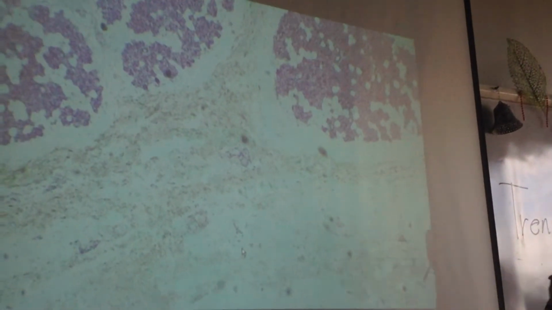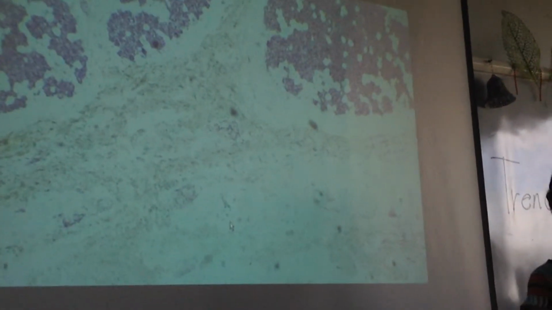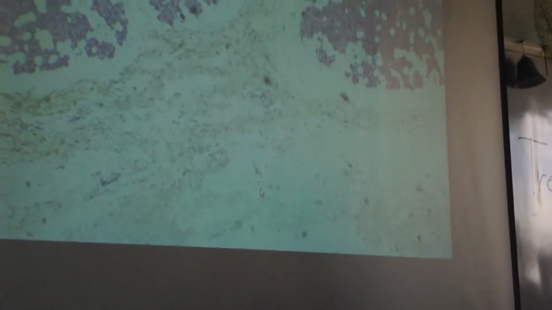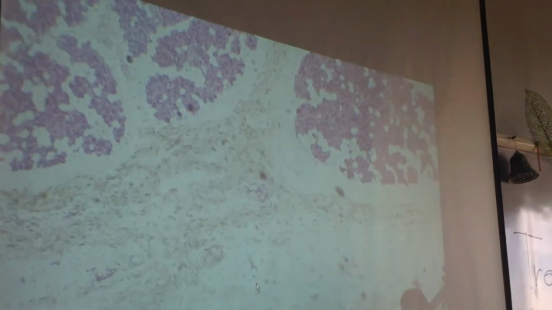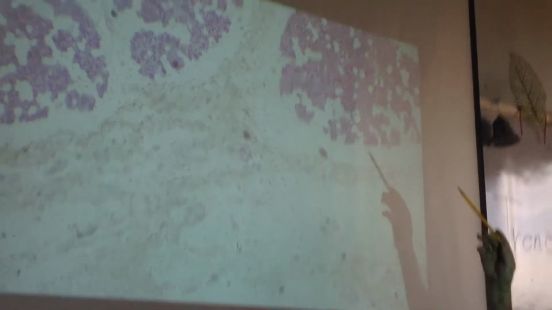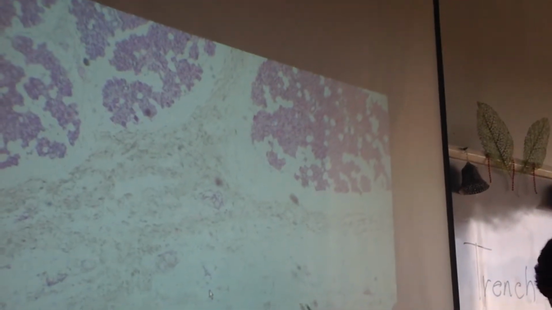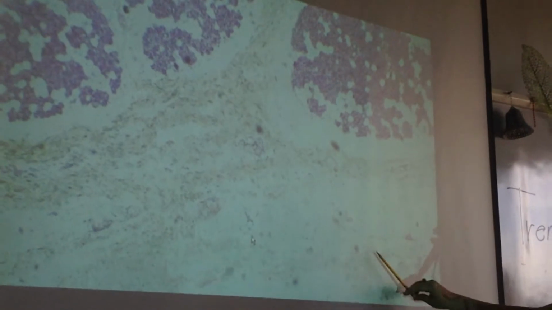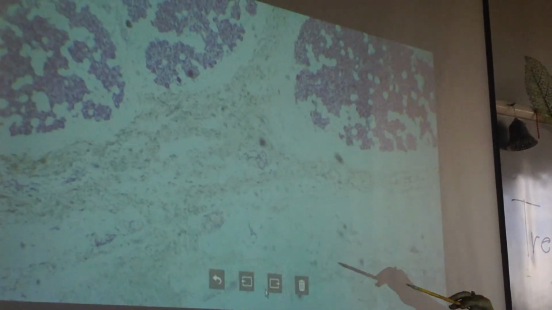Next, you're going to study the three major salivary glands. You have your parotid gland, the sublingual, and the submaxillary gland. This is the parotid gland. It is totally covered by a fibrous capsule. This is the capsule of the parotid gland.